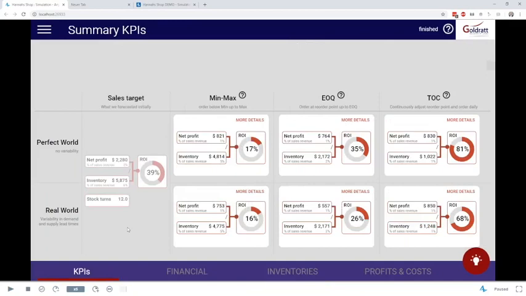So in summary, what we were able to show here is, if you were doing static calculations where you'd assume average demands and average supply lead times, then you would probably have been able to get results that reflected quite closely what we showed there in the perfect world environment. As soon as we've added the variability and interdependencies that we see in the real world, we can see that the real world scenario could be a little bit different or could be a lot different.